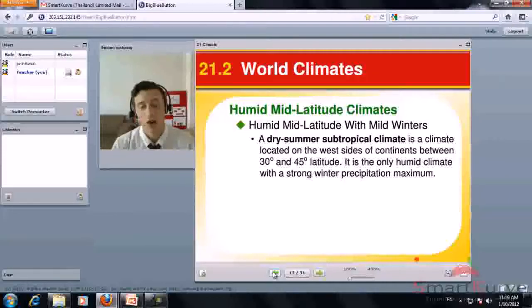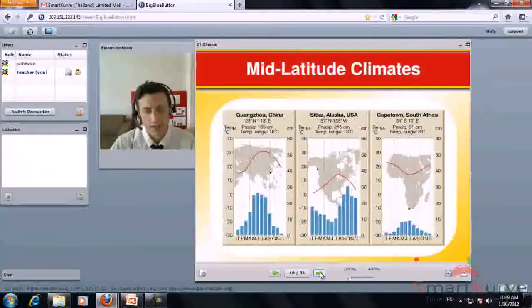In Flagstaff, we saw more precipitation in winter. Most parts of the earth get more precipitation, more rain in summer. But in that dry summer subtropical climate, you get more precipitation in winter. We're going to look at 3 examples of this on the next slide.